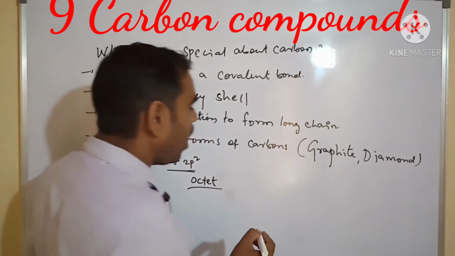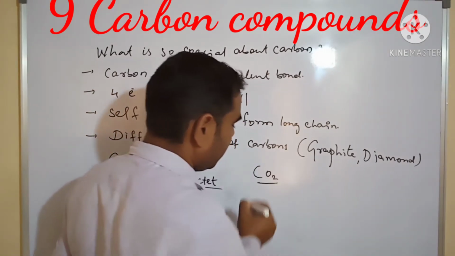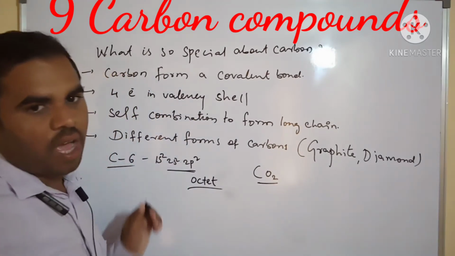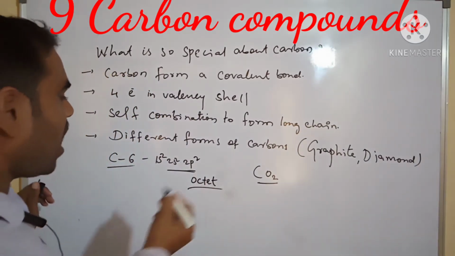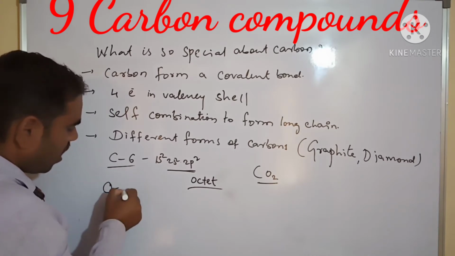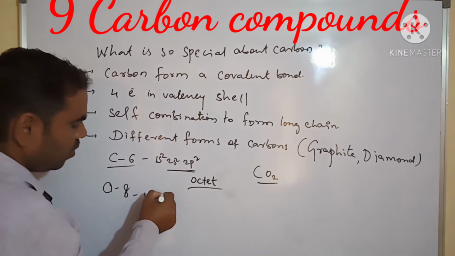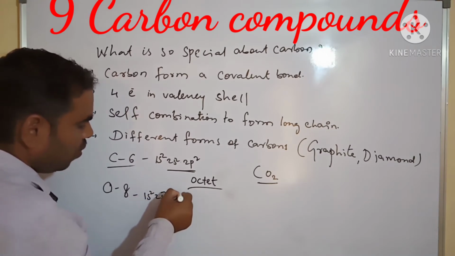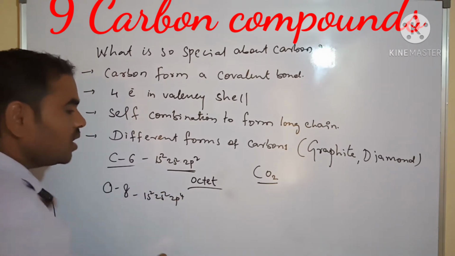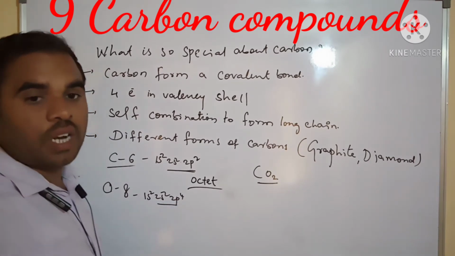For example, take carbon dioxide, carbon and oxygen. Oxygen's atomic number is 8: 1s2, 2s2, 2p4. Oxygen also requires 2 more electrons.